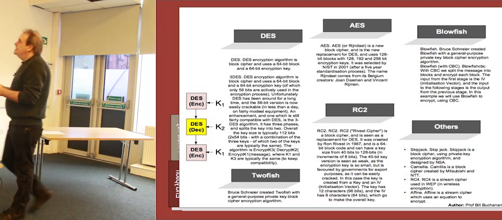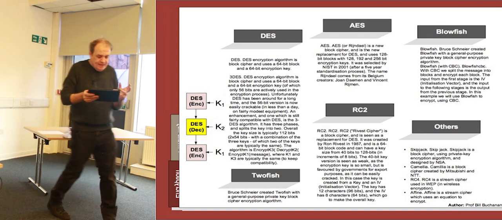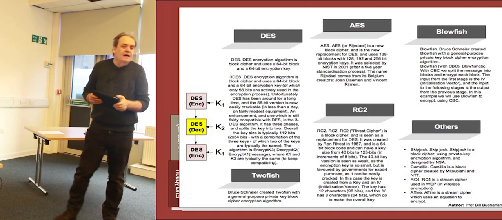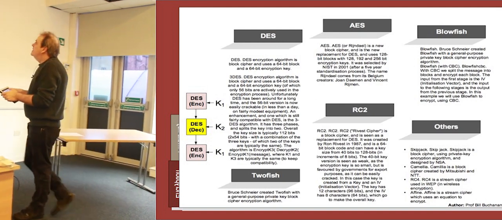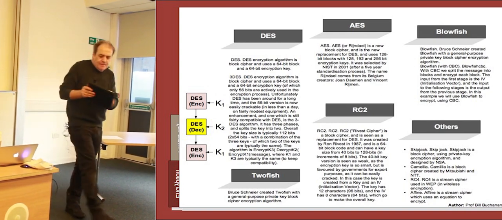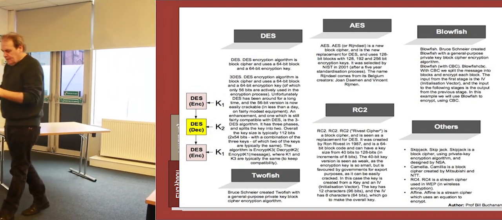It was secure at the time, but unfortunately computing power has caught up with it. Bruce Schneier created his methods, Twofish, Blowfish, and so on. And then we see Ron Rivest's ciphers, RC2 and so on. But Rijndael is the one that's used most often these days.